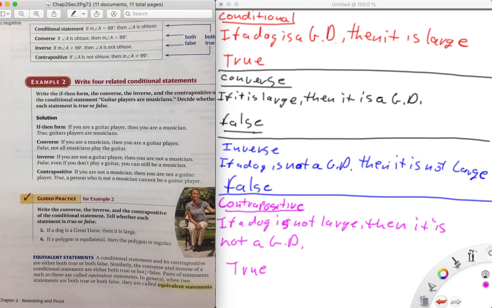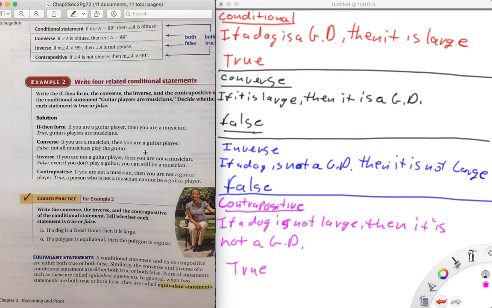So, equivalent statements. When the conditional and its contrapositive are both true or both false, similarly, the converse and the inverse of a conditional statement are either both true or both false. The pairs of statements are called equivalent statements.